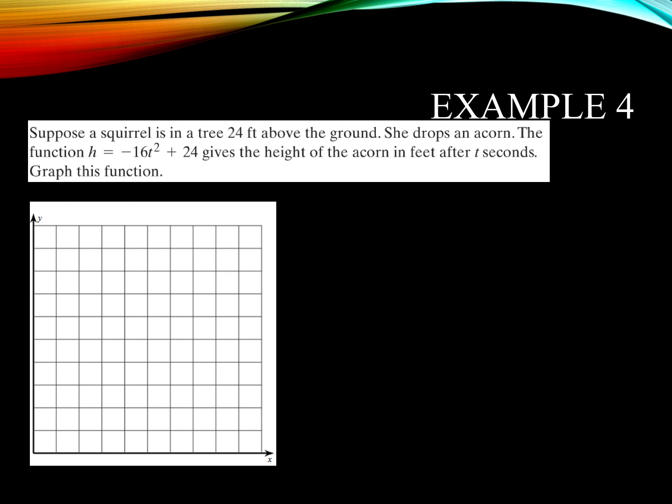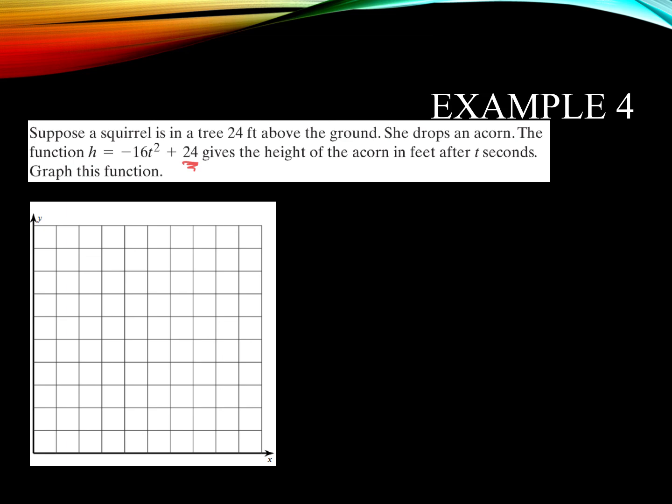Just based on looking at the equation alone, even if they didn't tell me that the squirrel was in a tree 24 feet above the ground, because my constant is 24, I know that this is where we're going to start. So in a situation like this, it doesn't make sense to look at negative time values. I only need to look at positive values. I do want to know what's going on at time t equals 0.